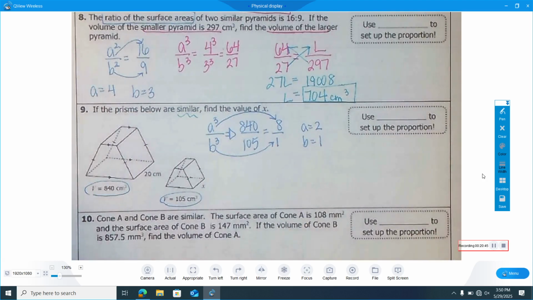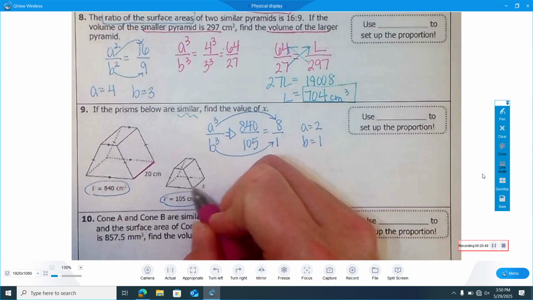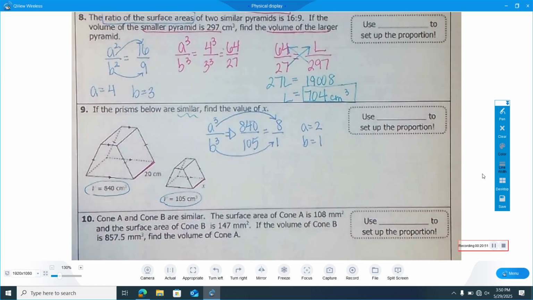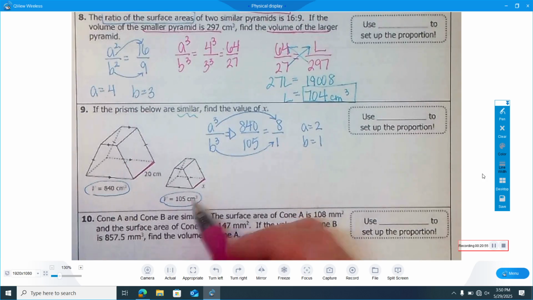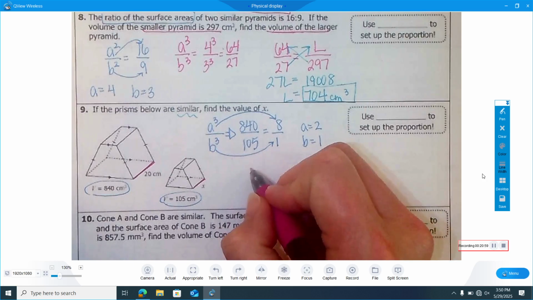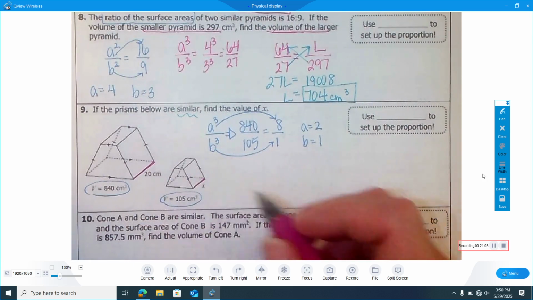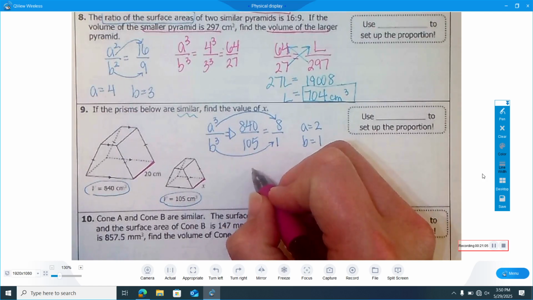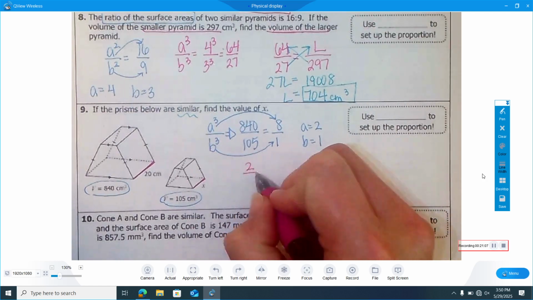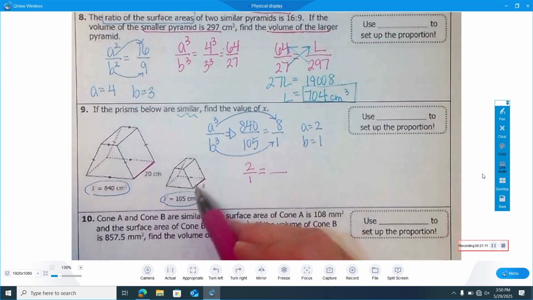Now I need to find the value of x. So I have a length here that's 20 and I need to find this other length that's clearly smaller for x. So I'm going to do just my regular old A and B because I want regular length, nothing fancy. So A over B, which is 2 over 1, is equal to my length over a length.